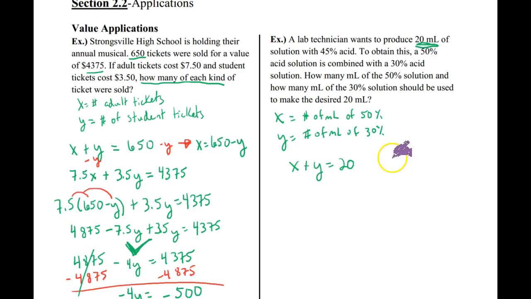Our second equation involves the percents of acid in each solution. So to look at this, we're basically going to take this first equation here and then throw in the percents of each type of acid. Remember that all these percents we should change to decimals. And when we change a percent to a decimal, it's dividing by 100.